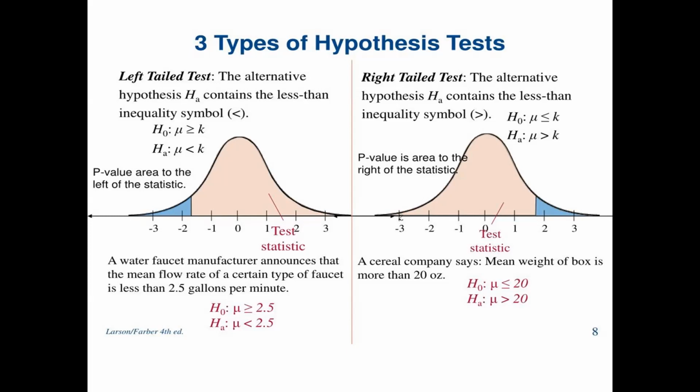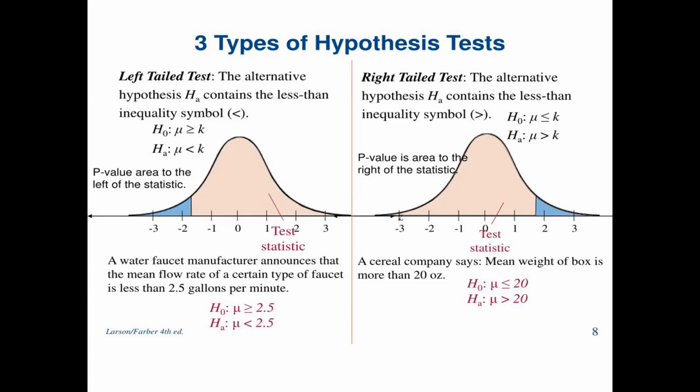Here the blue color indicates the p value area to the left of the statistic, and the yellow color indicates the test statistic. This condition is satisfied when H naught is mu greater than or equal to 2.5, and HA is mu less than 2.5.